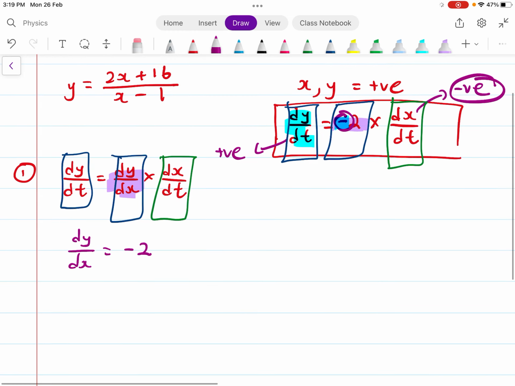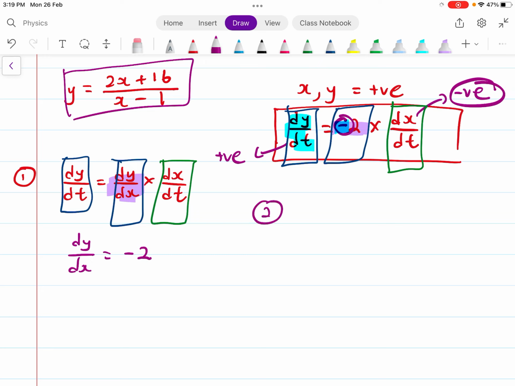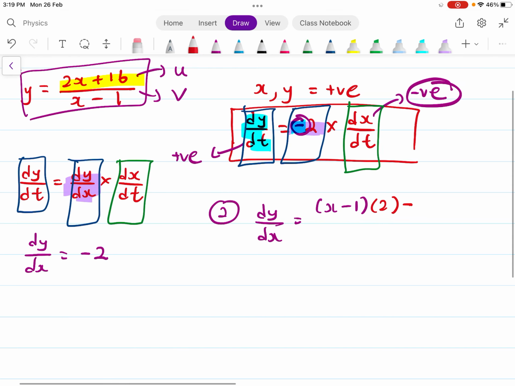The next step is to differentiate y to get dy/dx. You must use the quotient rule. Remember the mnemonic, u and v: low d-high minus high d-low. Low is x minus 1, d-high means you differentiate the top, so you will get 2, minus high d-low, where high is 2x plus 16.